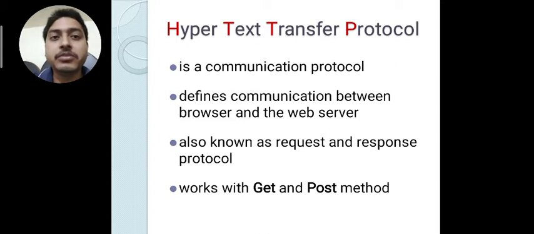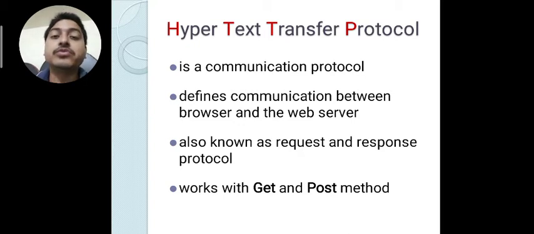It defines the communication, and because of this procedure it is also known as the request and response protocol. Here the browser requests resources, and the server grants access and gives the response. That's why it is called a request and response protocol, because of its working nature.